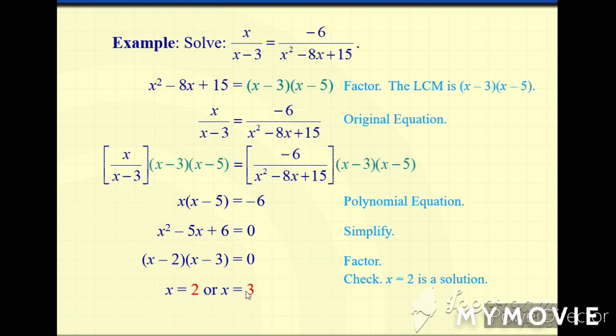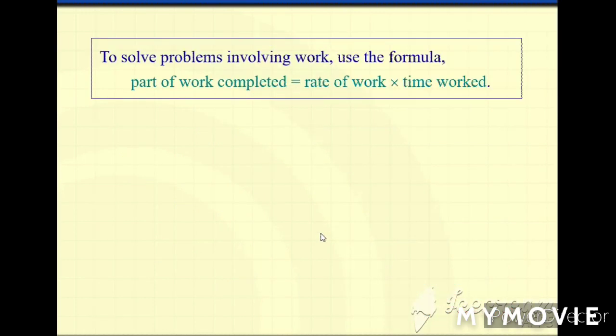Because when x equals 3, the given equation is undefined. So therefore x equals 3 is not our solution, since both sides would be undefined. When you substitute the value x equals 3 into x minus 3, that is undefined.